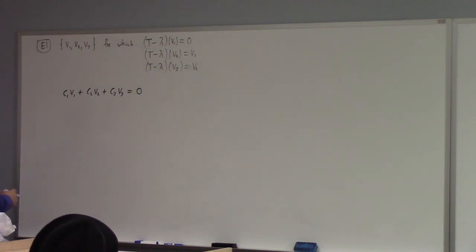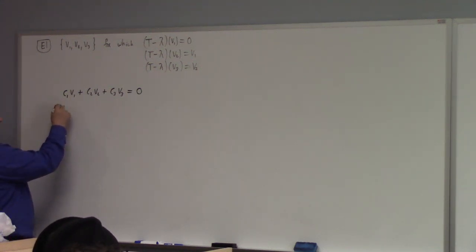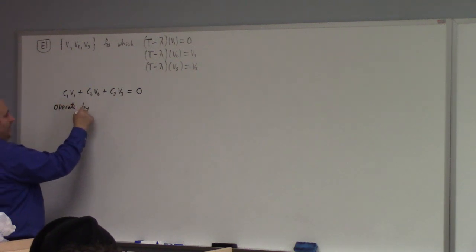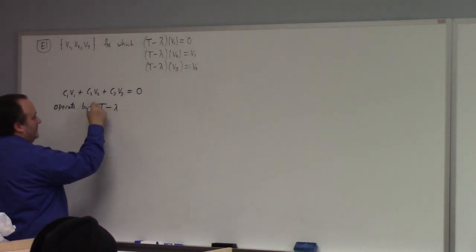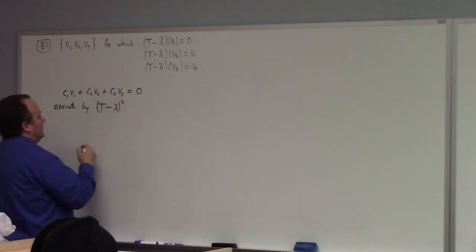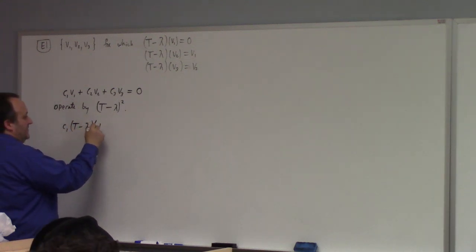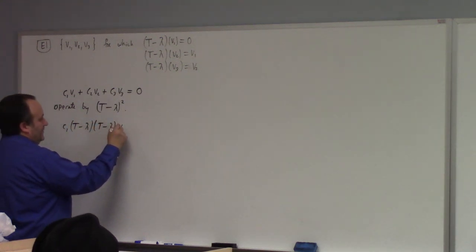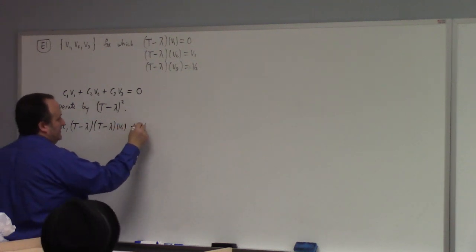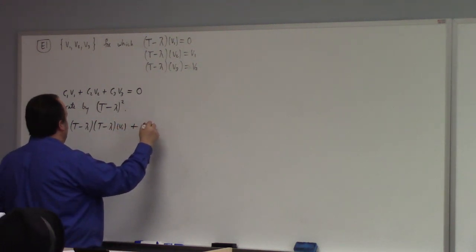So we assume this, right? And then what I'm going to do is operate by (T minus lambda) squared. So I get C1 (T minus lambda) times (T minus lambda) V1, plus C2, I'm pulling the constants out because they can, right?